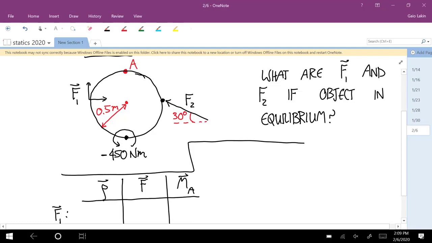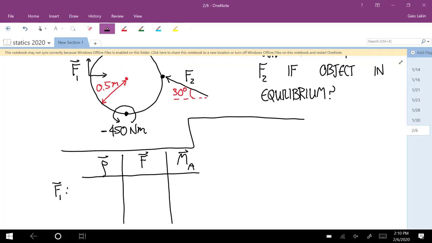The row vector goes from the about point to where the force is applied. Okay, so we need to figure out a vector that goes from A to where F1 is applied. So how do you get from A to F1? You go 0.5 meters down and then 0.5 meters over, right? That's the negative y direction, negative x direction. So that row vector, if I do it in 3D, is negative 0.5, negative 0.5, 0.